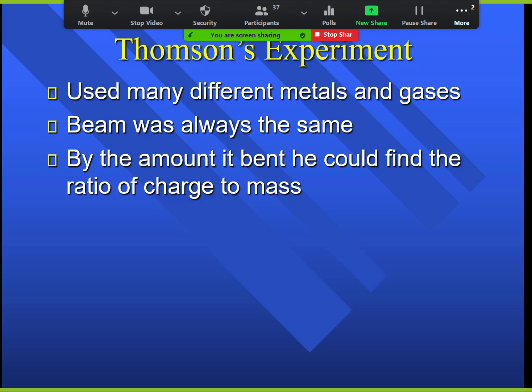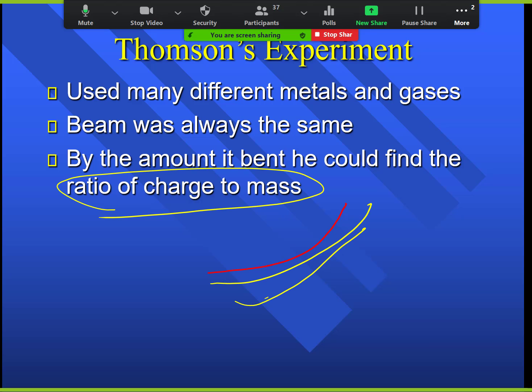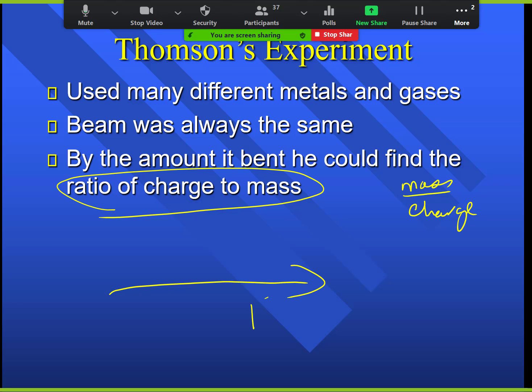By how much the beam turned, how much it bent, how fast it bent, he could find the ratio of charge to mass or mass to charge, it doesn't matter which one. He couldn't find mass and he couldn't find charge, but he could find what the ratio was. Because if you think about turning something, if it's moving straight, you have to push on it.